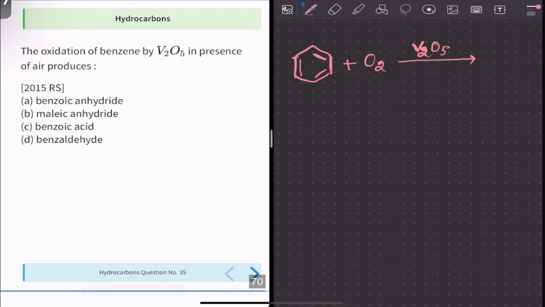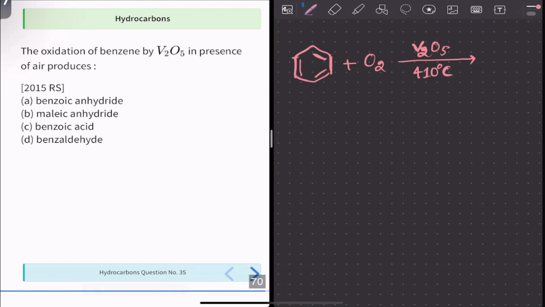Another condition is that the temperature should be very high for this reaction. It is not 10, 100, 200 or even 300 degrees Celsius, as even 300 degrees Celsius can't break the benzene. It has to be more than 410 degrees Celsius. For this reaction, we require a minimum of 410 degrees Celsius.